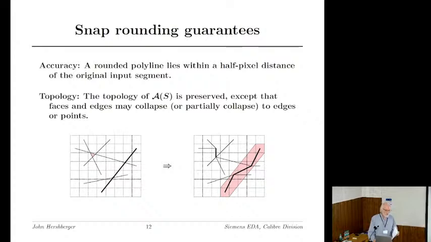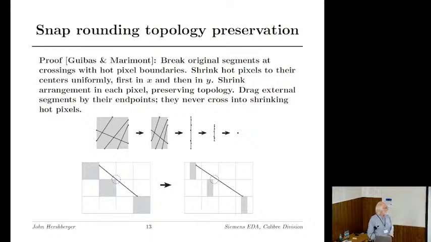Secondly, I have to be careful about topology, about what I mean by topology, but here I mean ordering and adjacency relationships between segments and faces. In particular, the order of intersections of segments are preserved and the orientations of triangles are preserved up to collapsing of features, which is an important distinction to make. The proof that topology is preserved is due to Gibas and Maremont.